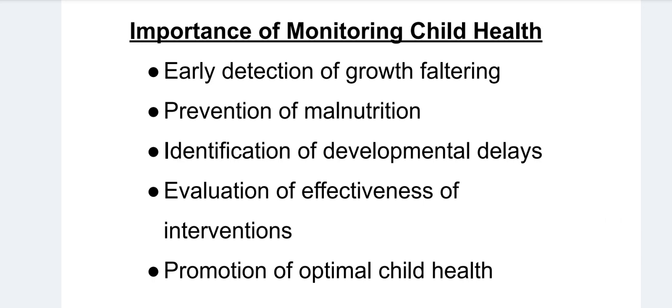We want to make sure that the child is growing under all necessary conditions. They are fully immunized, they are receiving health education on feeding habits, they are fully updated about the weight, the length, etc. So those are some of the importance of monitoring child health.